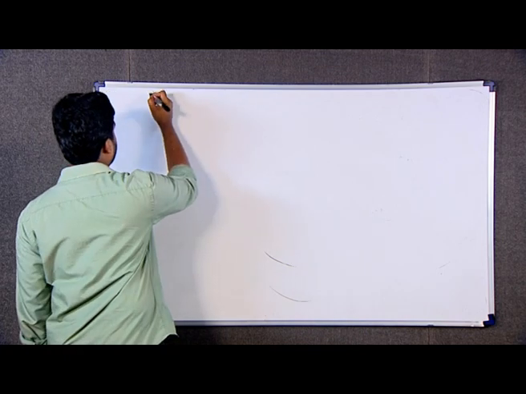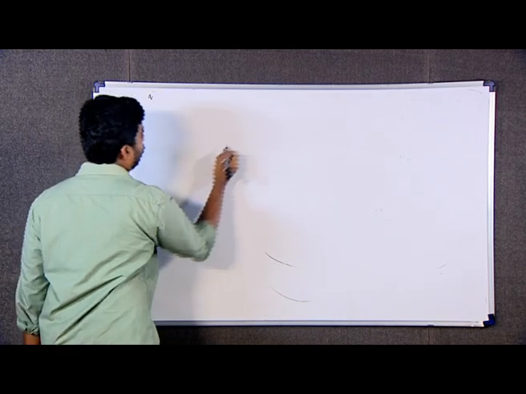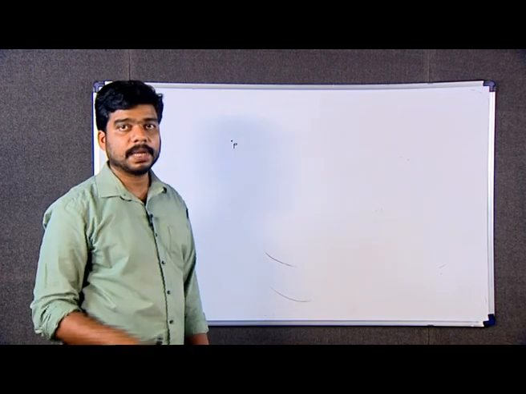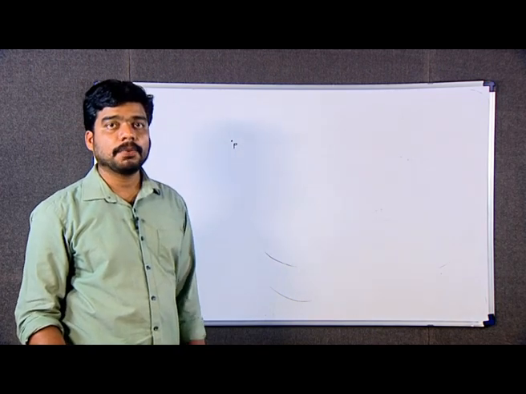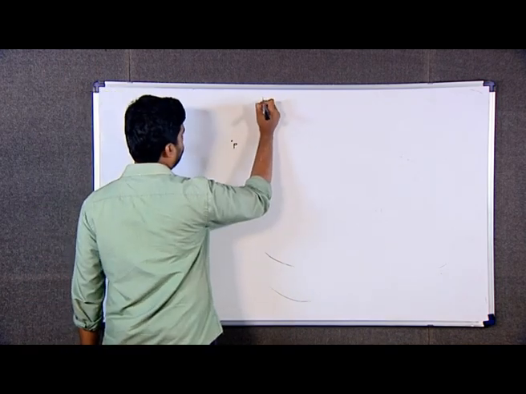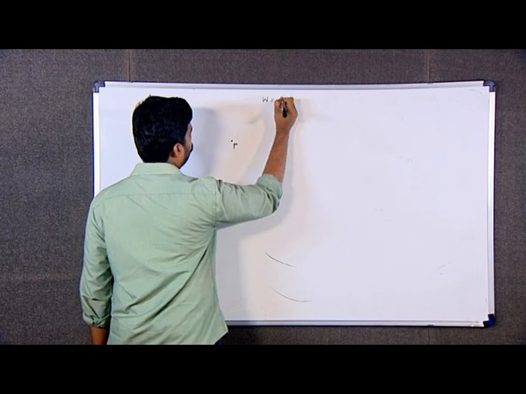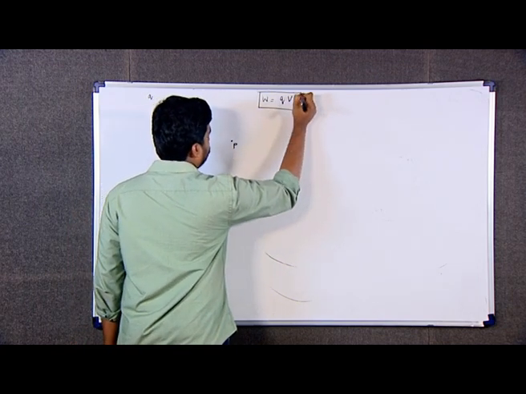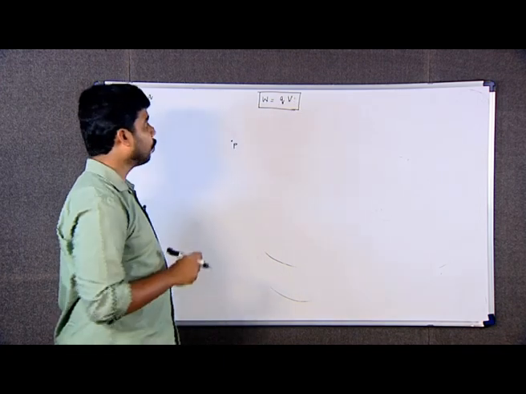I am taking a charge q and I want to assemble this charge at this point P. So, what is the work done? The general expression is W is equal to Q into V.